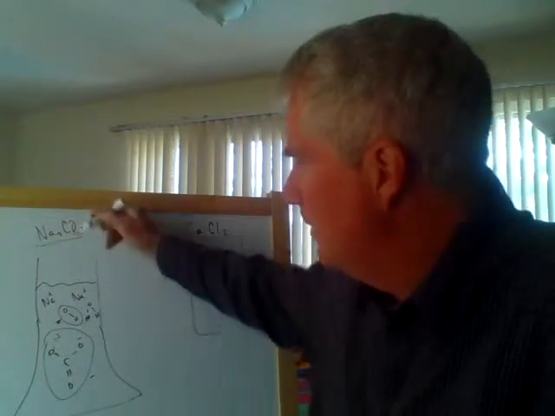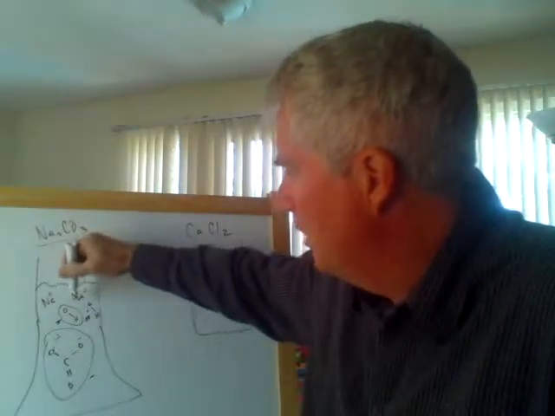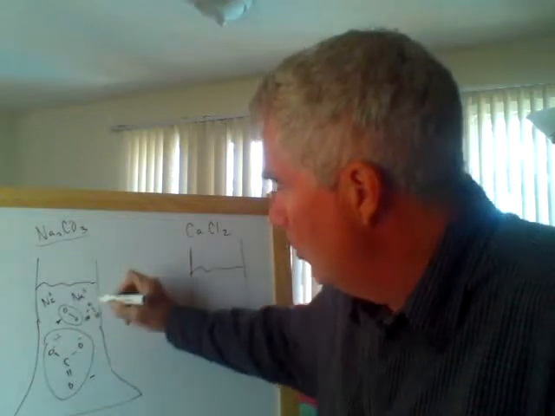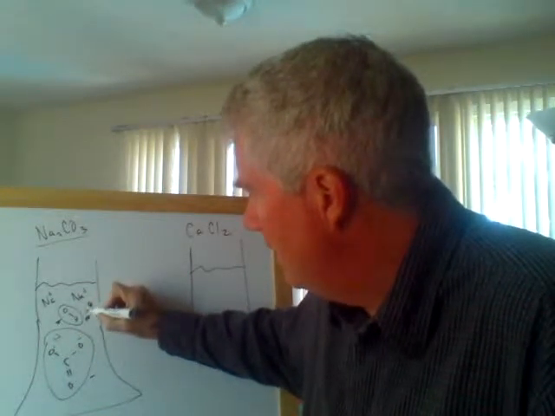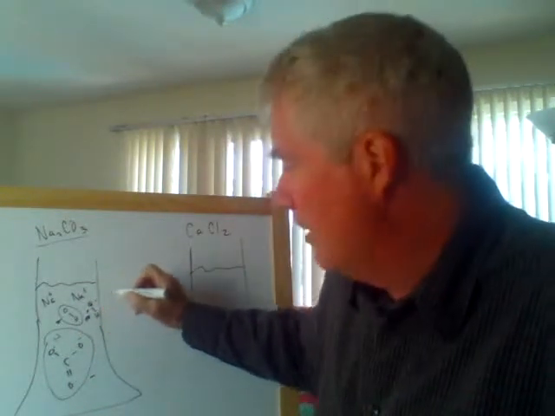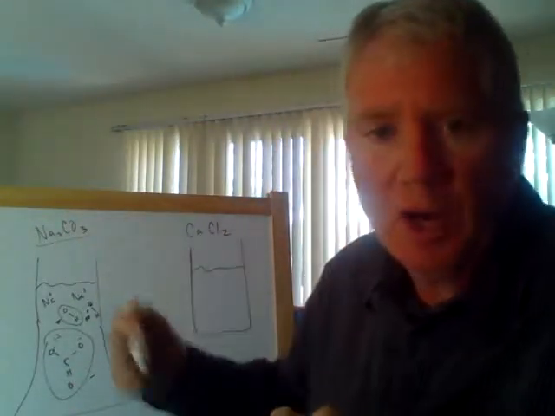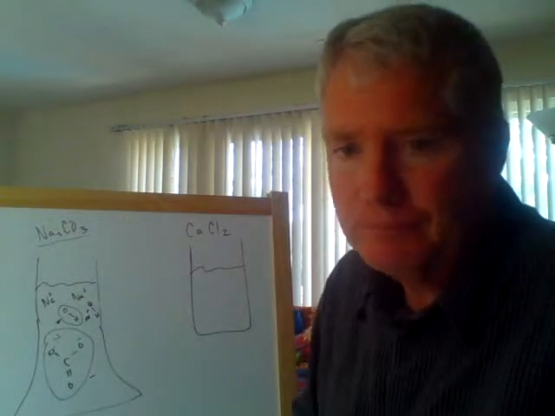It's just because the attraction between sodium and the negative bits floating around, whether they be OHs like I've drawn, or just the negative side of a water molecule, they're more attracted to that than they were attracted to the carbonate itself as a solid. Okay, anyway, enough of that.